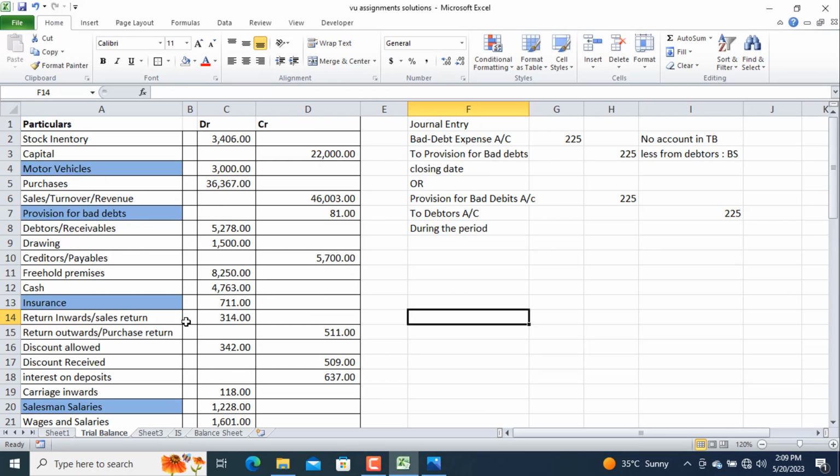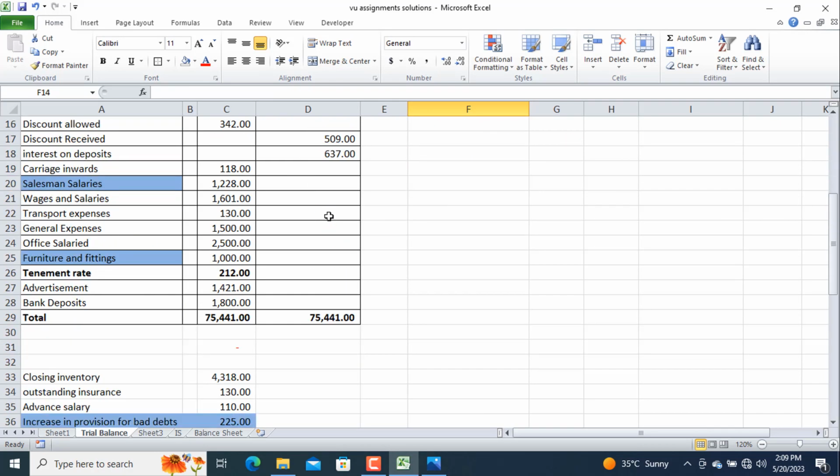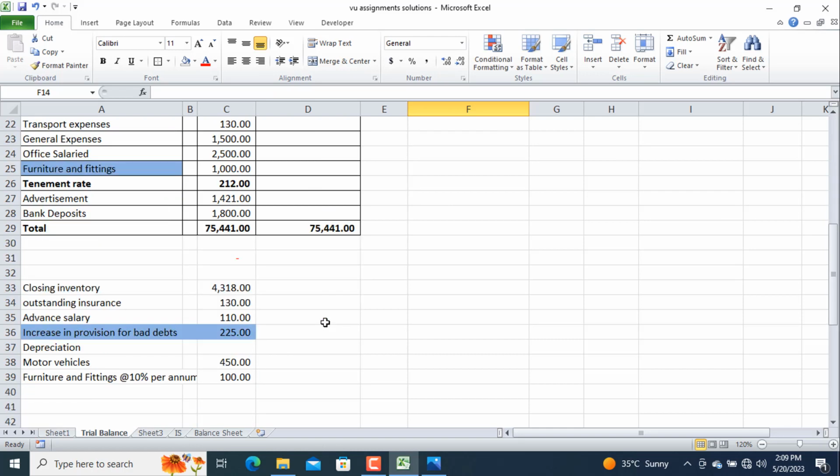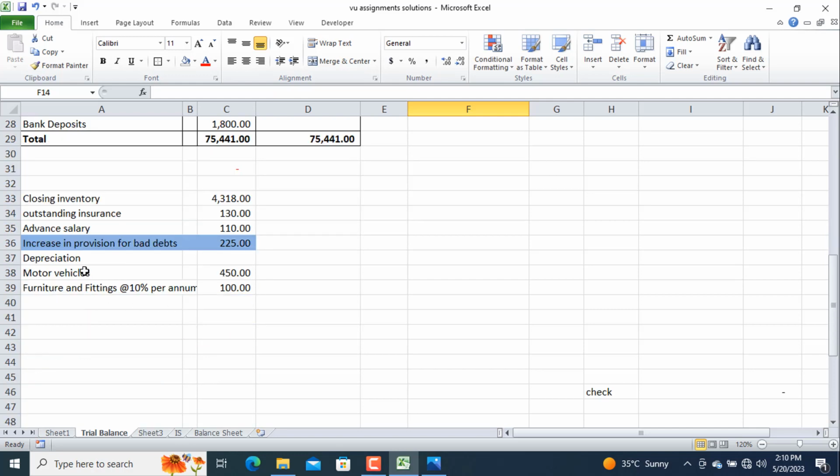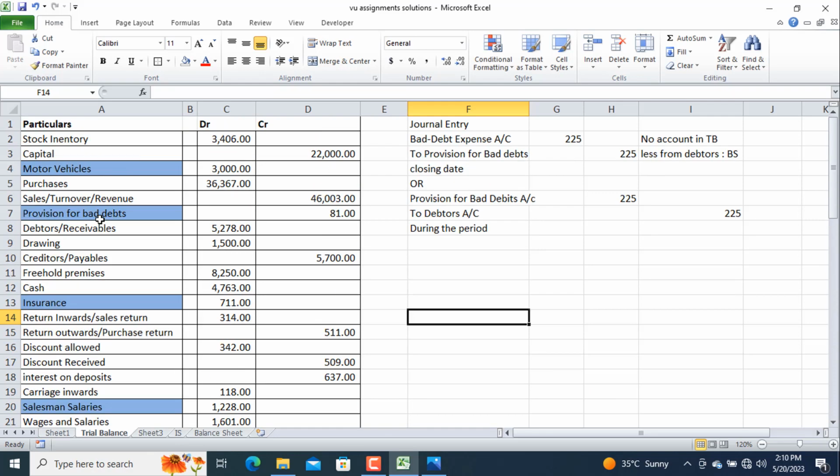Here is the trial balance. I have written it here and rechecked its balance, exactly the same. Now we are going to highlight only those accounts which are associated with the additional information or adjustment. Closing inventory, outstanding insurance. I will write it here, and let me check this insurance.